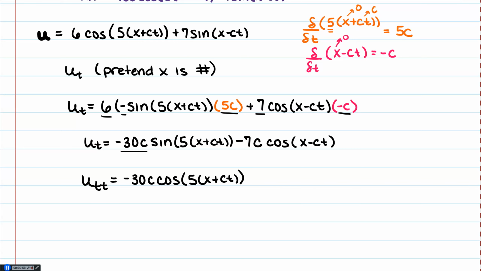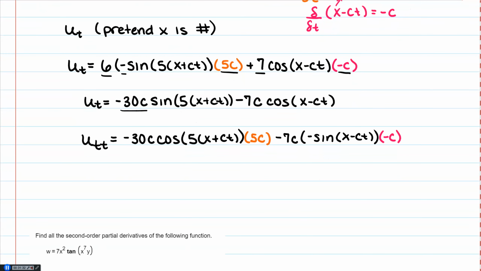And since it wasn't just sine of t, it was sine of 5 times (x plus ct), we have to times by its derivative, which again, up in orange, was 5c. And then minus 7c, and the derivative of cosine is negative sine of (x minus ct). And since it wasn't just t inside, we have to multiply by its derivative, which again, in pink, was minus c.